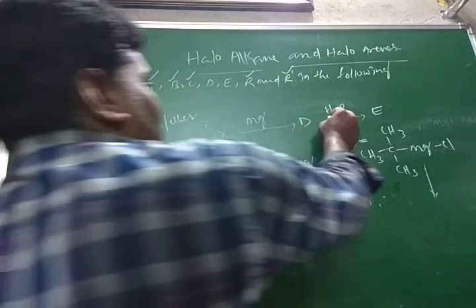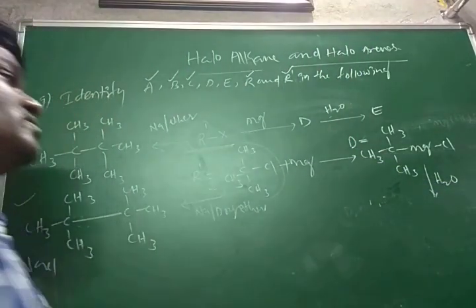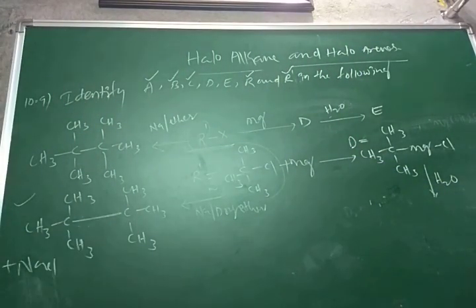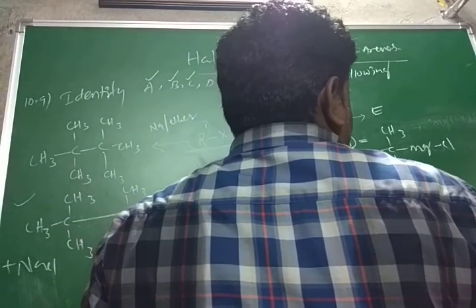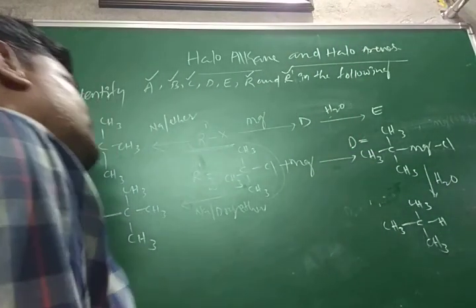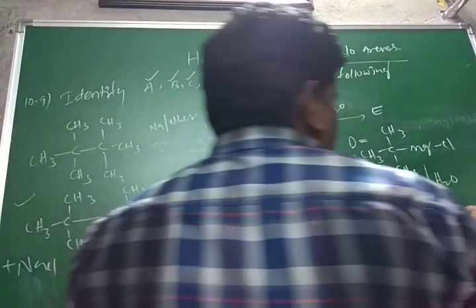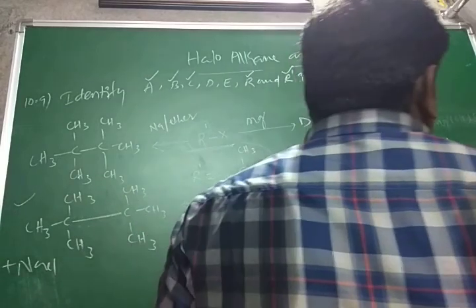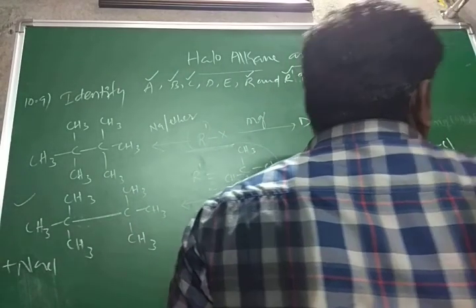And when we hydrolyze this D, tertiary butyl magnesium chloride, (CH3)3CH is formed. That means 2-methyl propane is the main product and the second byproduct is magnesium hydroxy chloride.